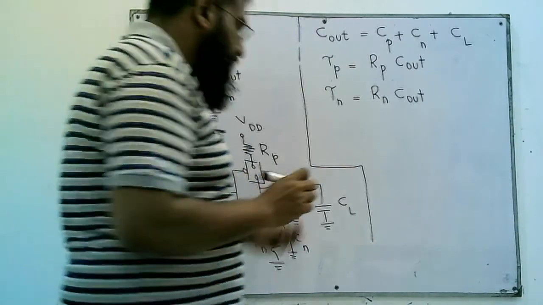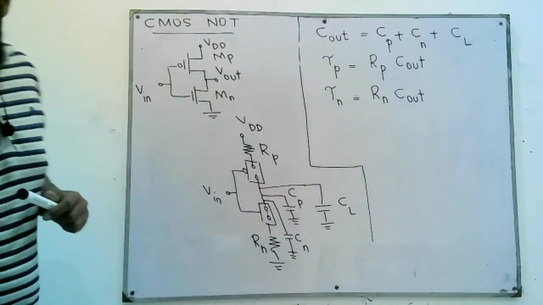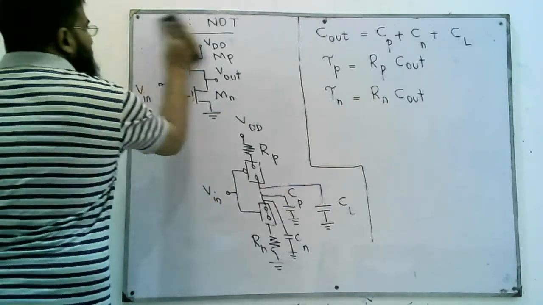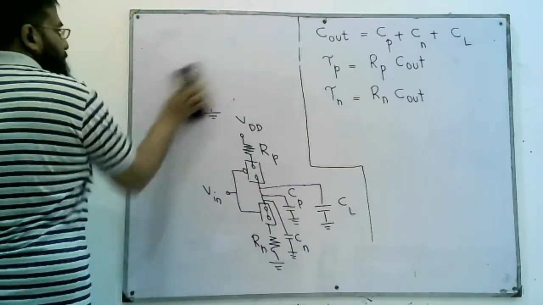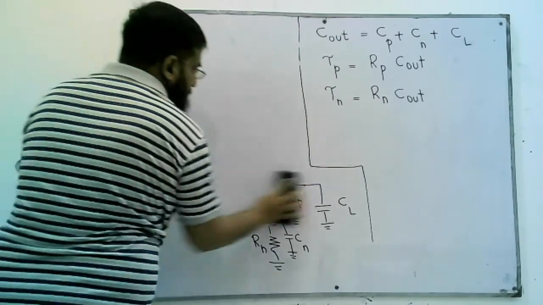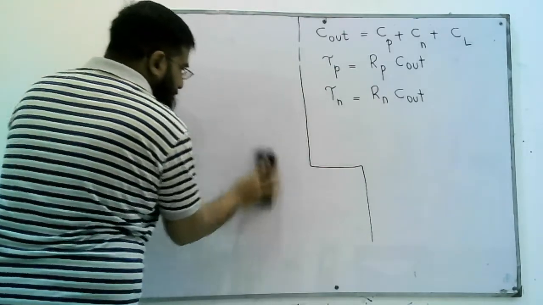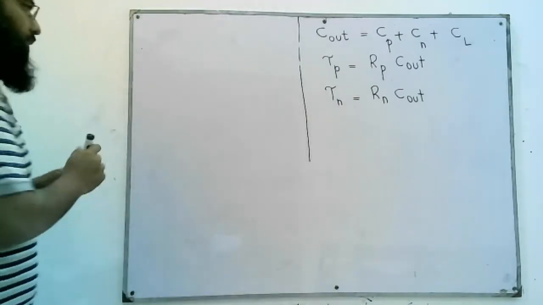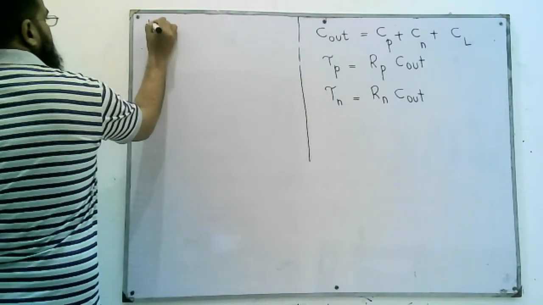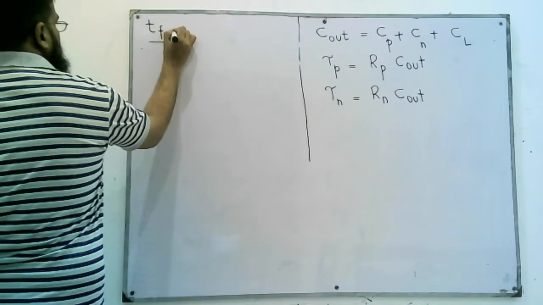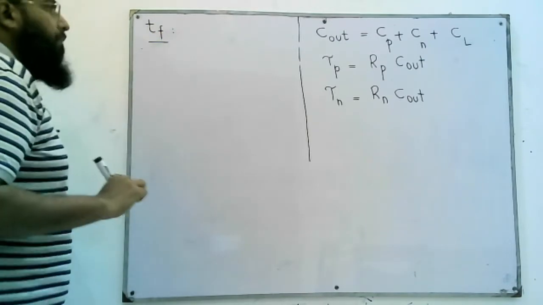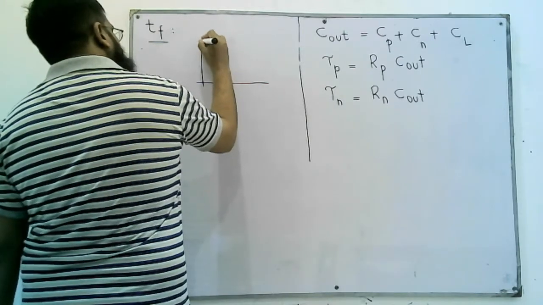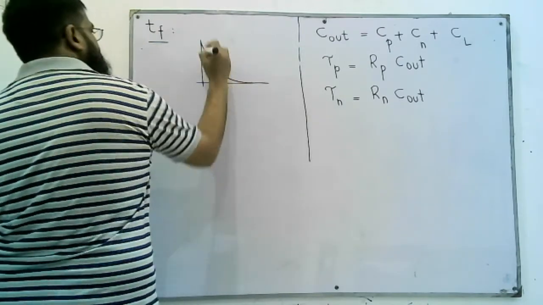So in this lecture we are going to numerically compute fall time Tf, and in the next lecture we will compute numerically the rise time Tr. We know that fall time is like this. I have just drawn it in the start of this lecture.